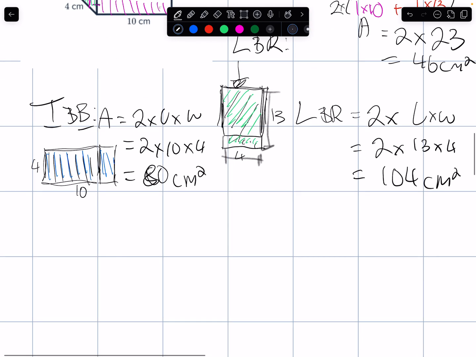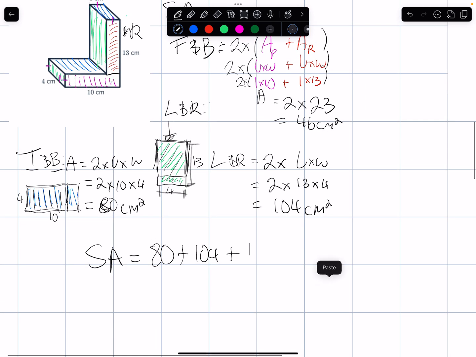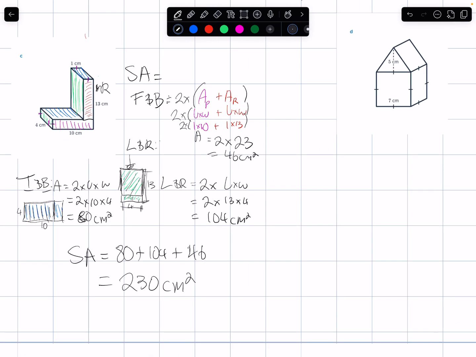So total surface area is equal to 80 plus 104 plus 46, which is 230 centimeters squared. Remember, squared is always really important.